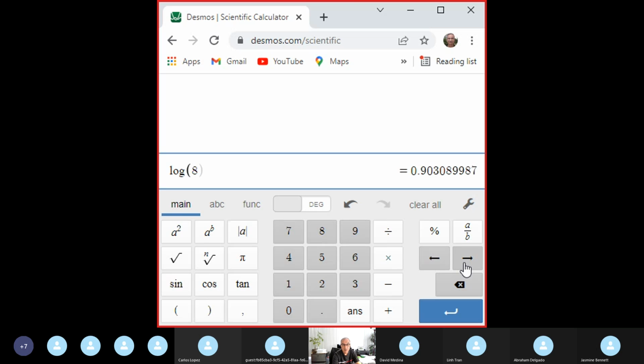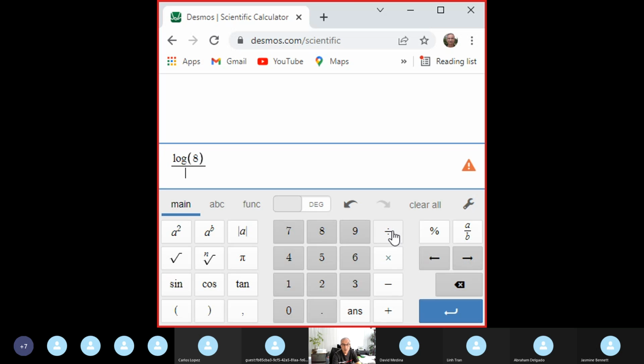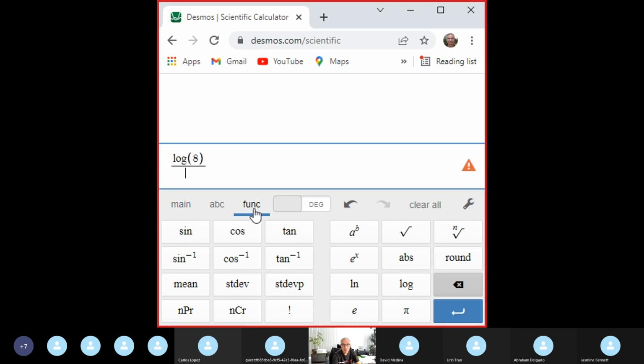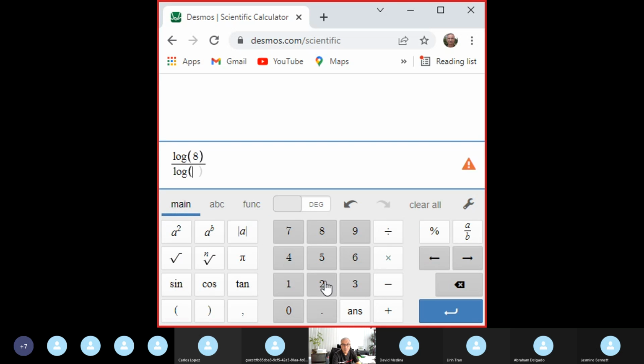Outside the parenthesis, divided by log again of 2. Boom. Do you see the 3? Yes? Did you do it on your own calculator? Yes. Okay.